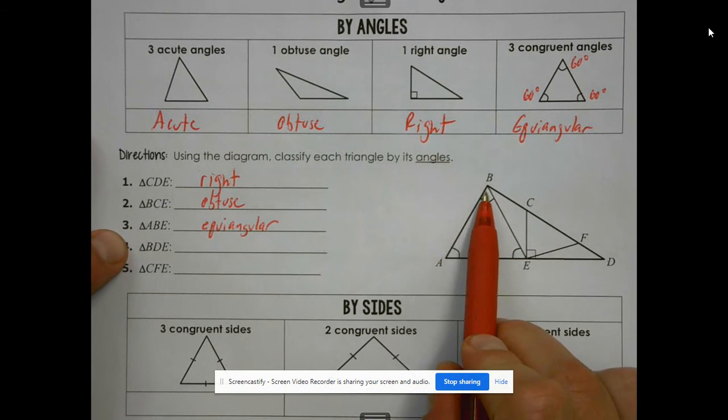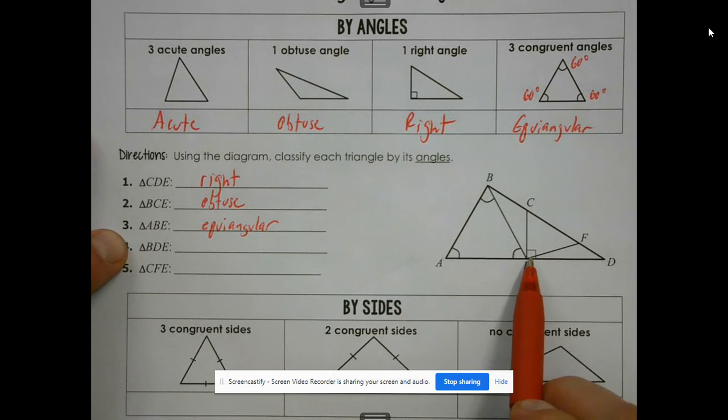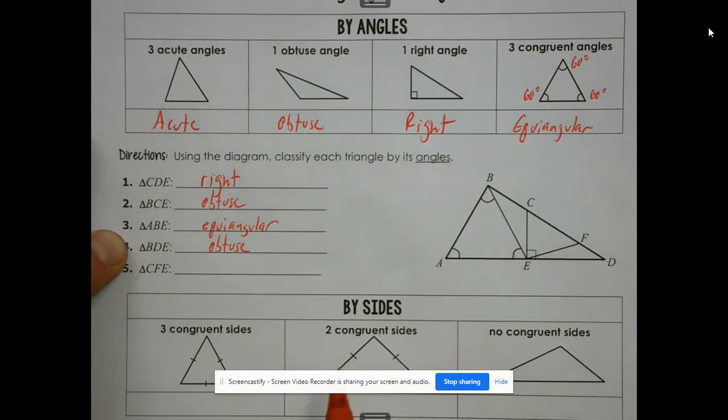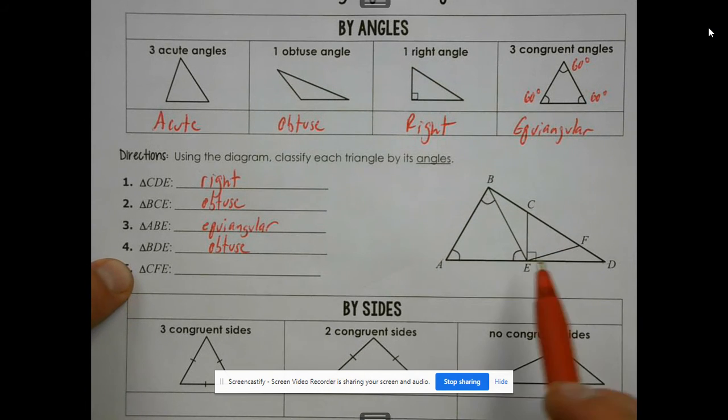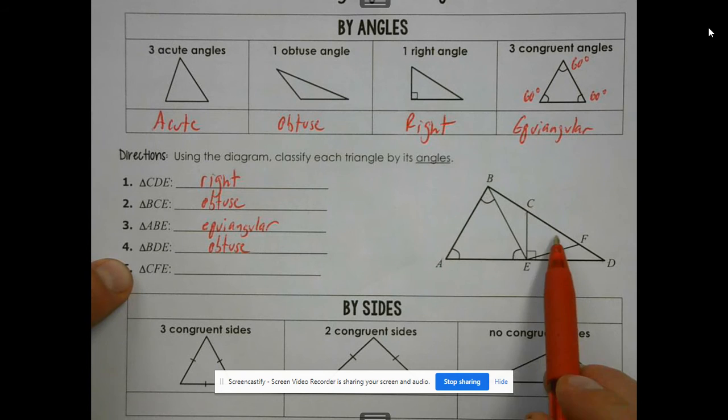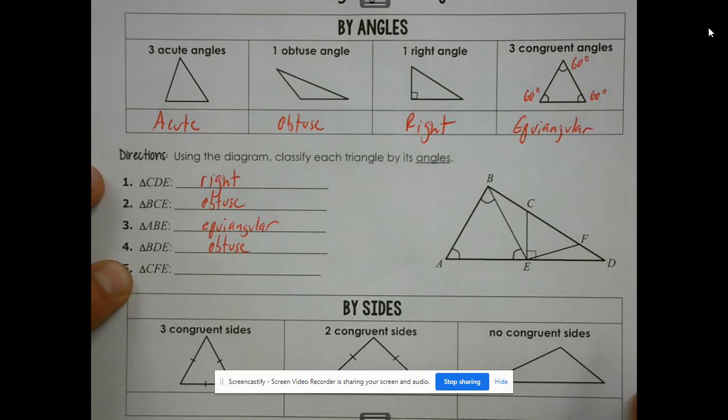Triangle BDE, well, I see E has an angle bigger than 90, so that would make that obtuse. Triangle CFE, it appears all angles are less than 90, so that's going to be an acute.